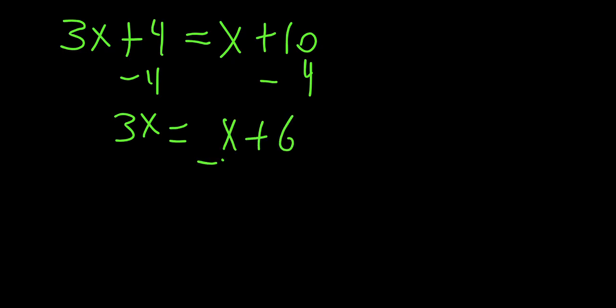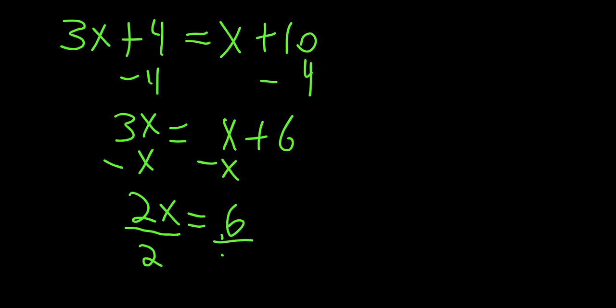And we now know that we can subtract an x. We can subtract an x to get 2x equals 6. And as we learned in previous videos, now it's a one-step equation. We divide both sides by 2, and we get x equals 3, which would be our final answer.